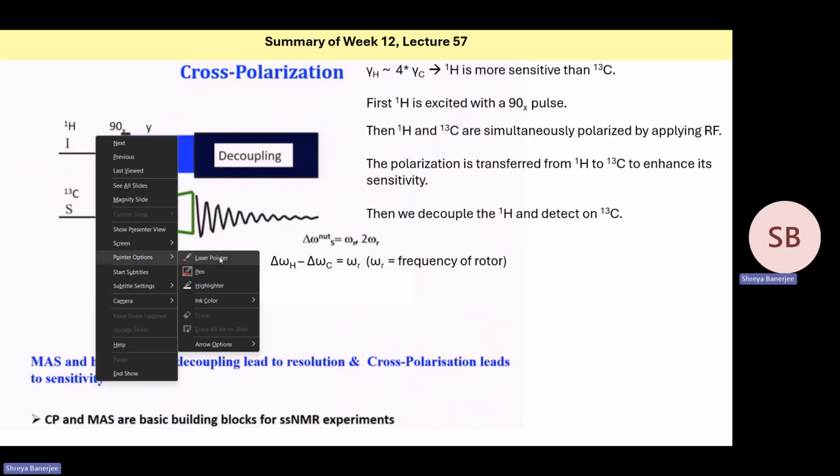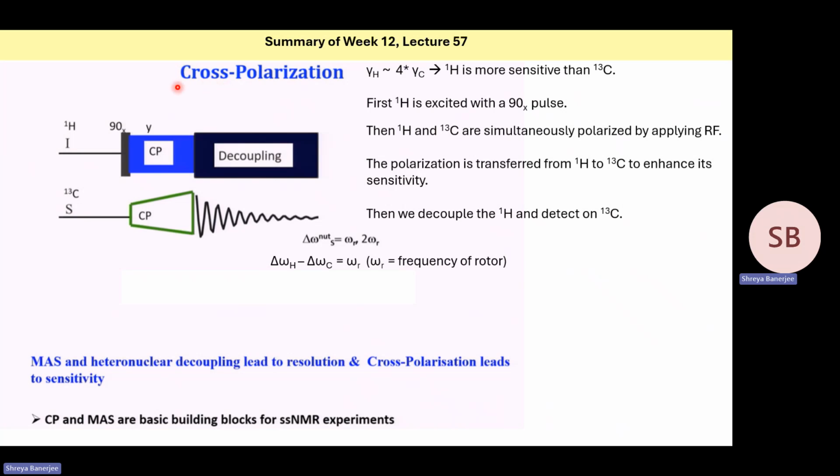In addition to this, another thing is done, which is called cross-polarization. In cross-polarization, first the 1H is excited by a 90x pulse. After that, the 1H and 13C are simultaneously polarized by applying RF.